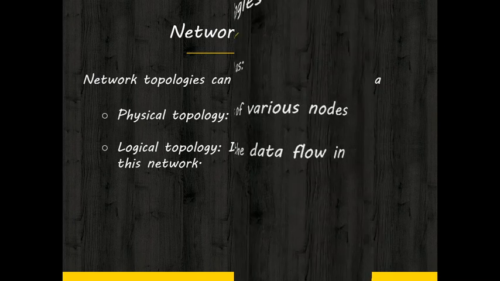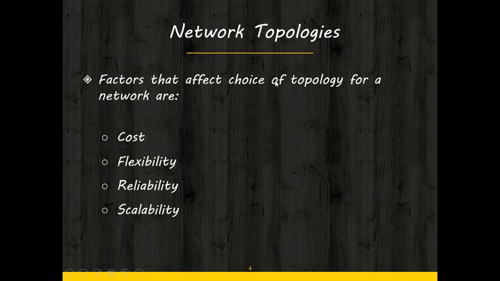Now there are various factors that affect the choice of topology for a network, and they are cost, flexibility, reliability, scalability. Cost is nothing but the installation cost, cable lengths, distance between nodes that have to be considered when designing a network.